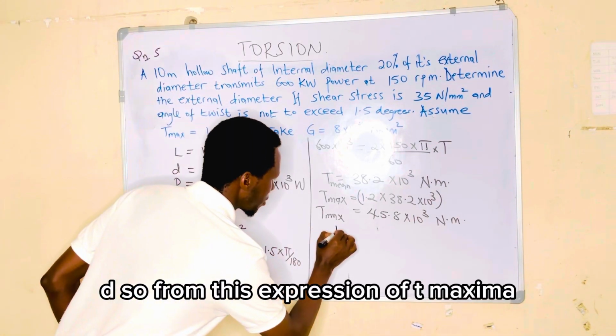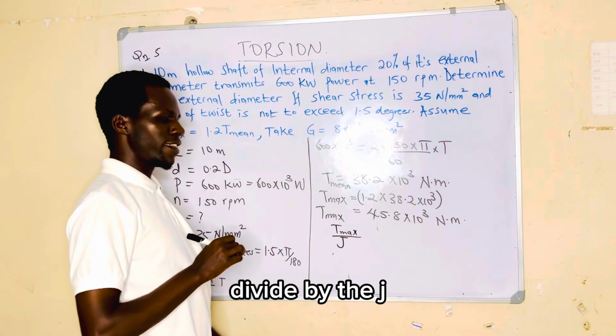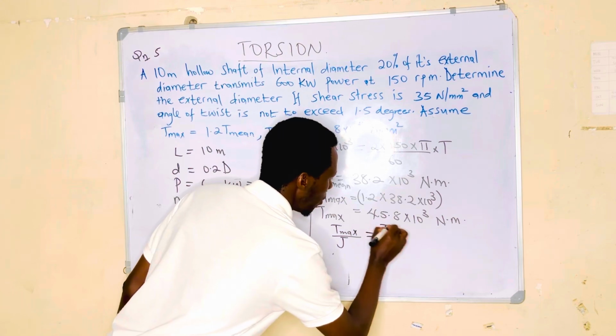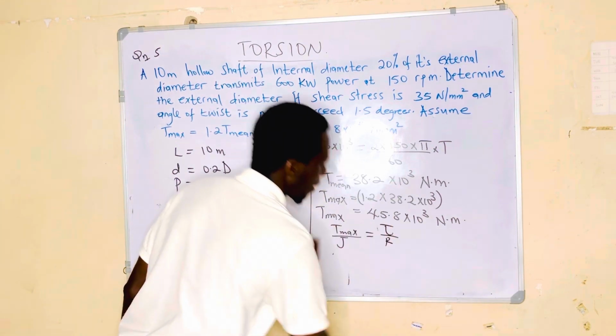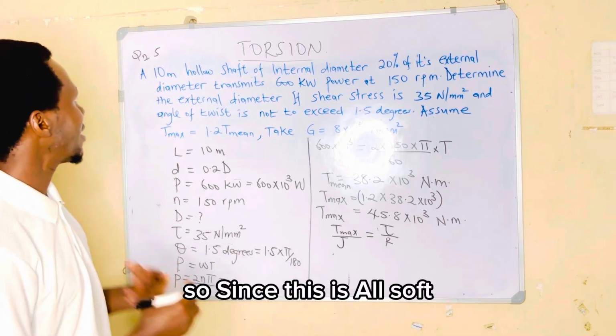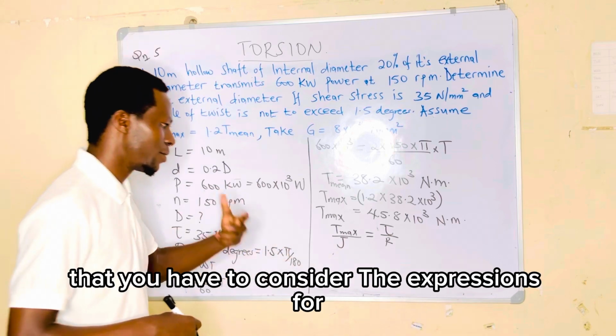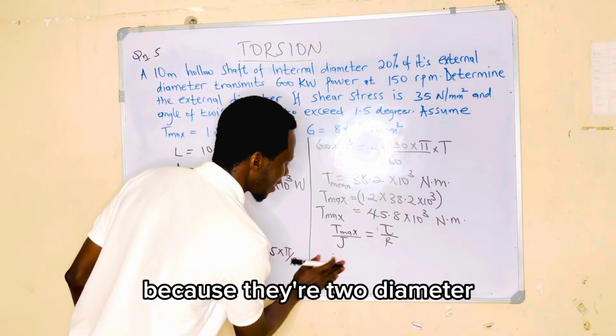From this expression of T maximum, divide by J equals tau divided by radius, where radius is D by 2. Since this is a hollow shaft, I told you in the previous video that you have to consider the expressions because there are two diameters.